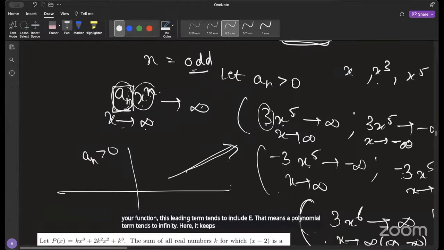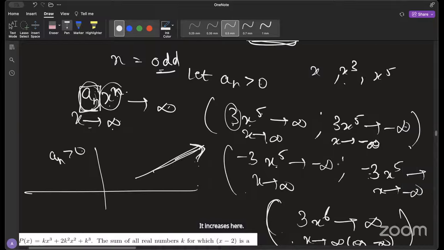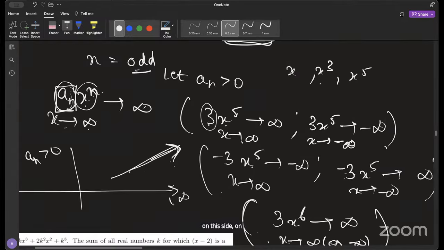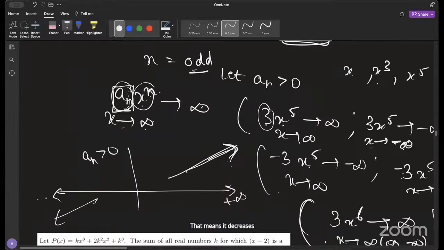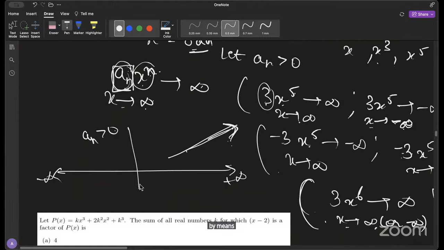Here it increases on the plus infinity side. And on the negative infinity side, when x tends to minus infinity, this tends to minus infinity. That means it decreases here. When x tends to minus infinity, y also decreases. Y means the function's value. So this will be this.